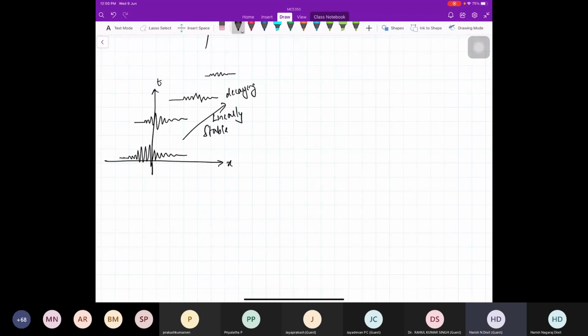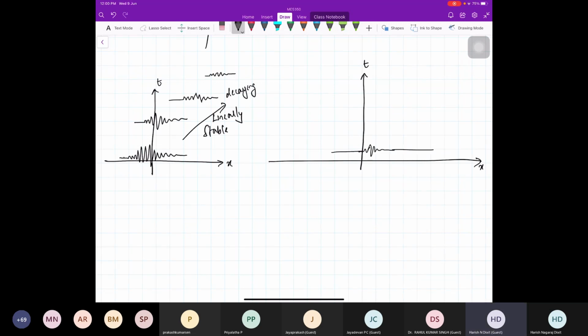Now we can have a situation where I give an initial disturbance at t equal to 0, or very close to t equal to 0.